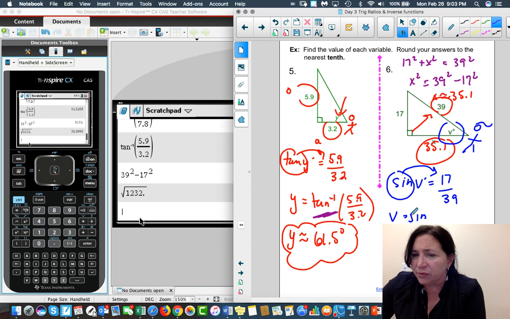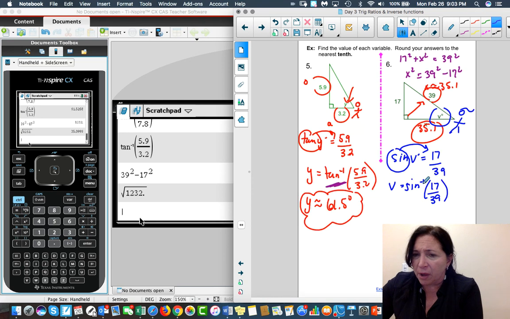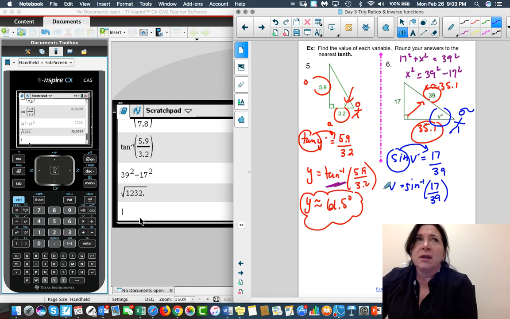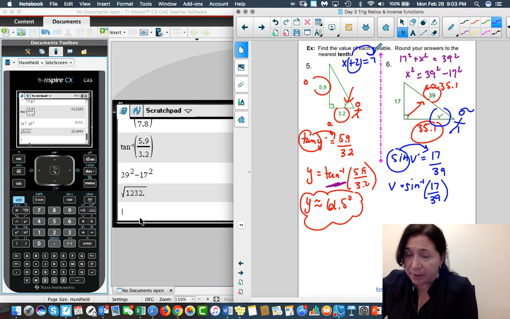And I know I keep moving this across. It's an inverse operation, people, meaning that if you had, let's say, x plus 2 equals 7, right? And you wanted to take this positive 2 and move it to the other side of the equal sign, to solve, you would subtract 2. Well, that's an inverse operation.